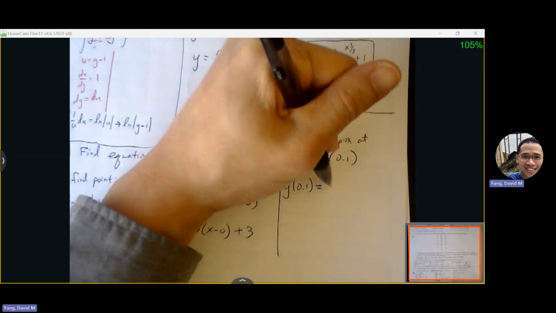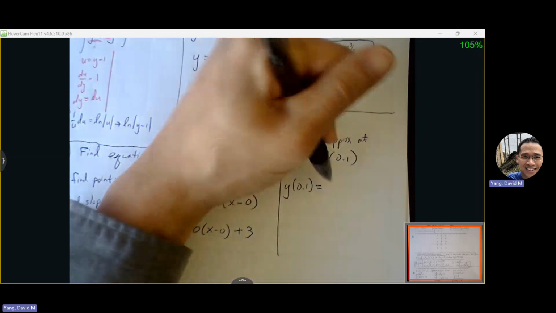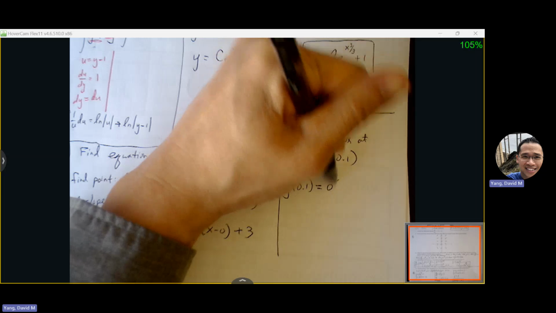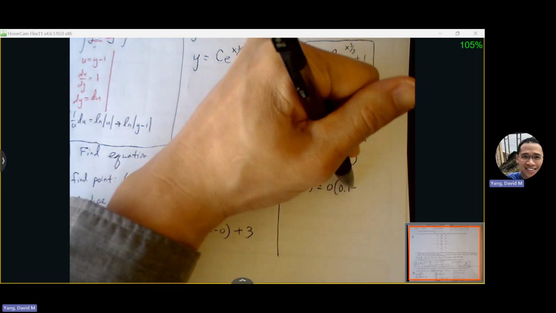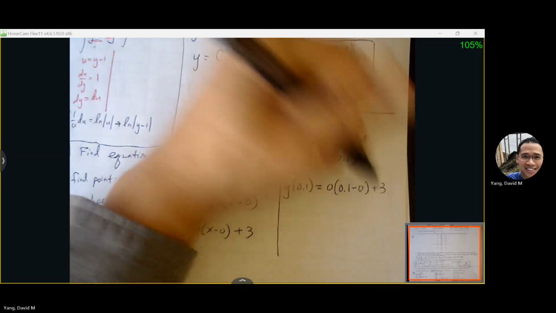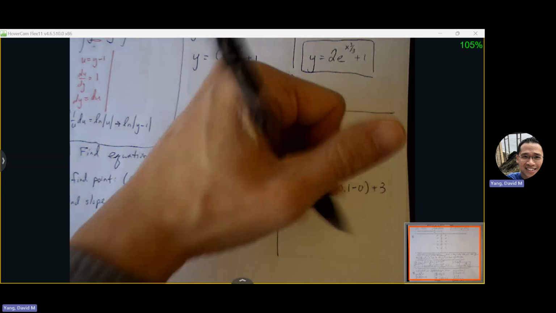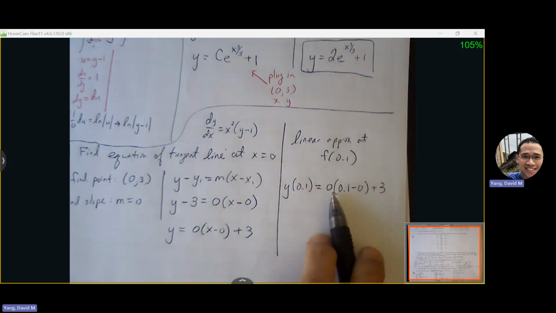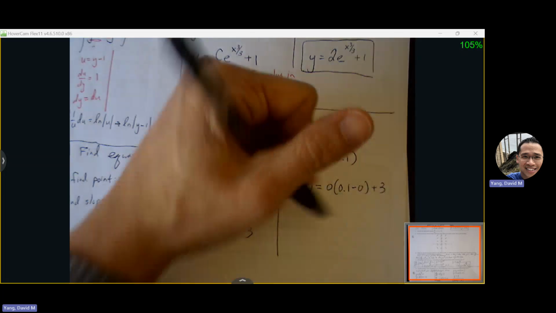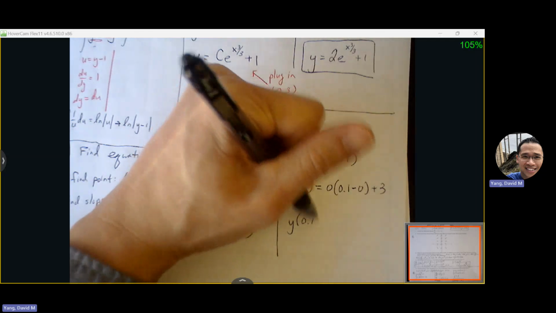I know right now it doesn't make any difference because this is just going to leave us with 3, but I just want to show you that process. So if this slope wasn't 0, you would just enter that in for x and get whatever decimal value comes out of it. In this case, there's no decimal value because that 0 will wipe everything out, and I'm still left with just 3.